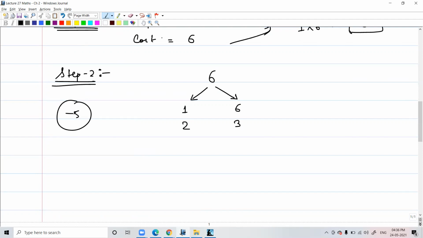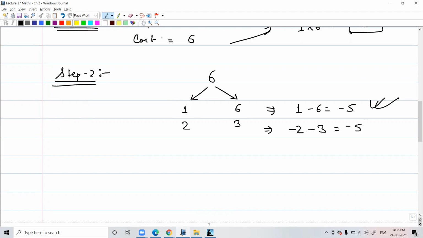I can take plus 1 and minus 6, because if I do plus 1 and minus 6, I still get a minus 5. Okay, let me write it here. 1 and minus 6 gives me a minus 5. Okay, I'm very happy I got minus 5. There's one more way: I can do minus 2 and minus 3 and I still get minus 5.